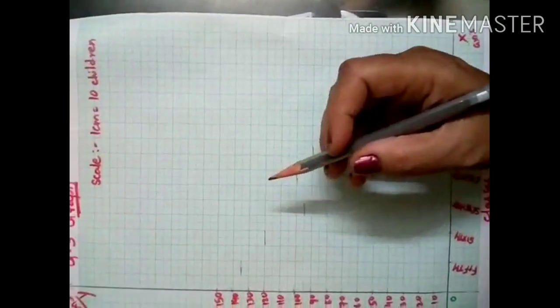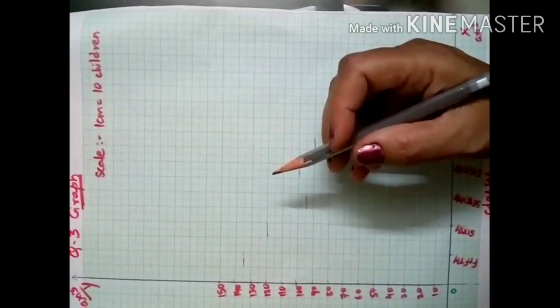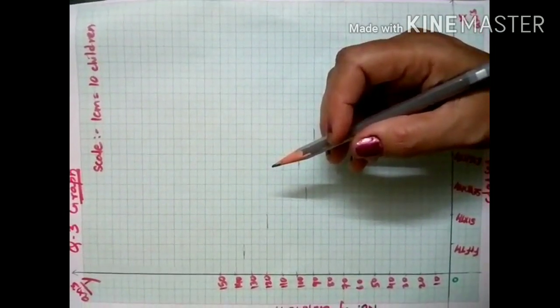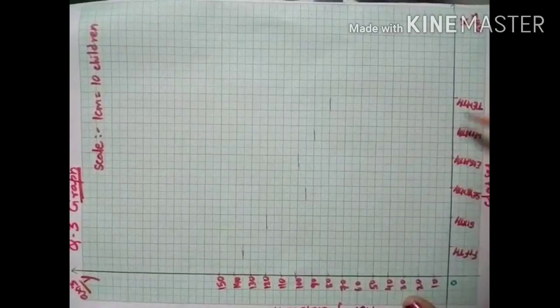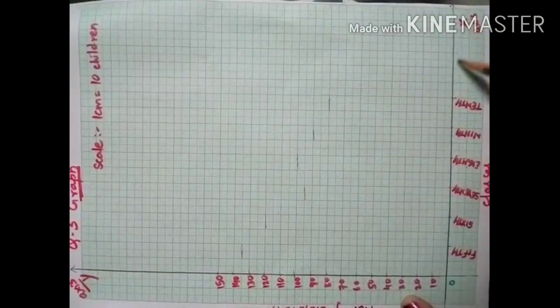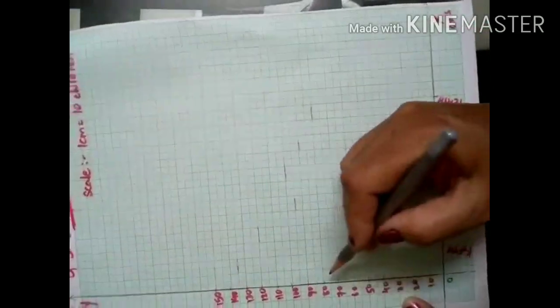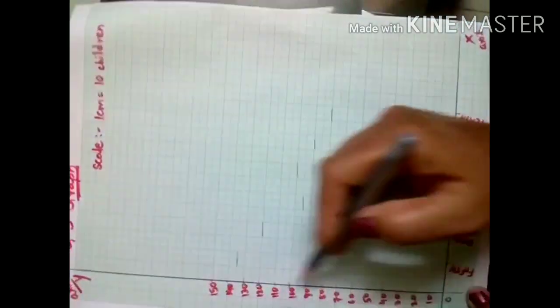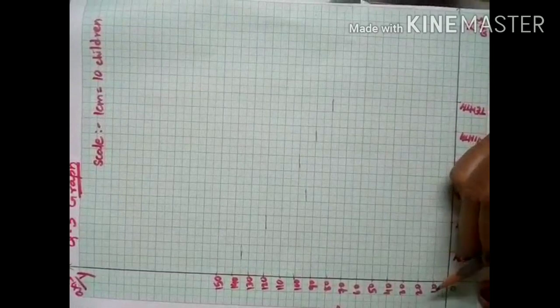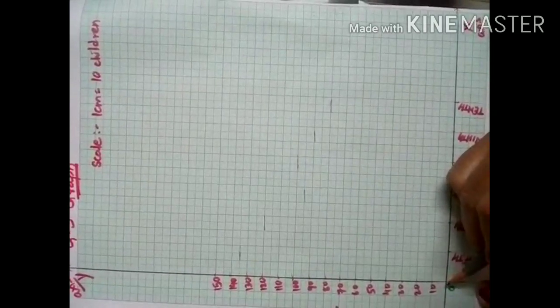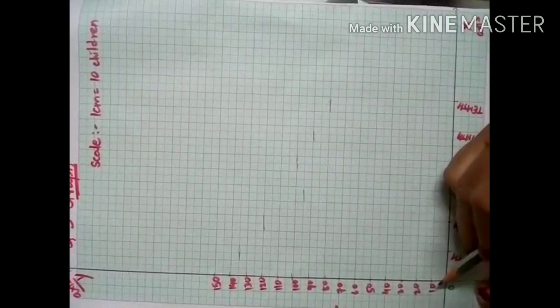To draw the graph of question number 3. Now as given in the table, classes are given and number of children are given. So we will take the classes along the x-axis, and we will take the number of children along the y-axis. Here we will take the unit scale of 1 centimeter equal to 10 children.